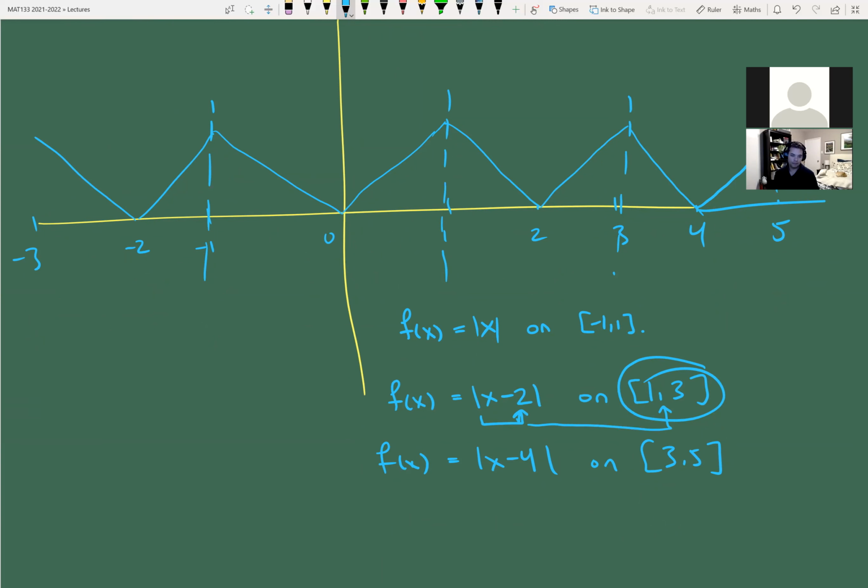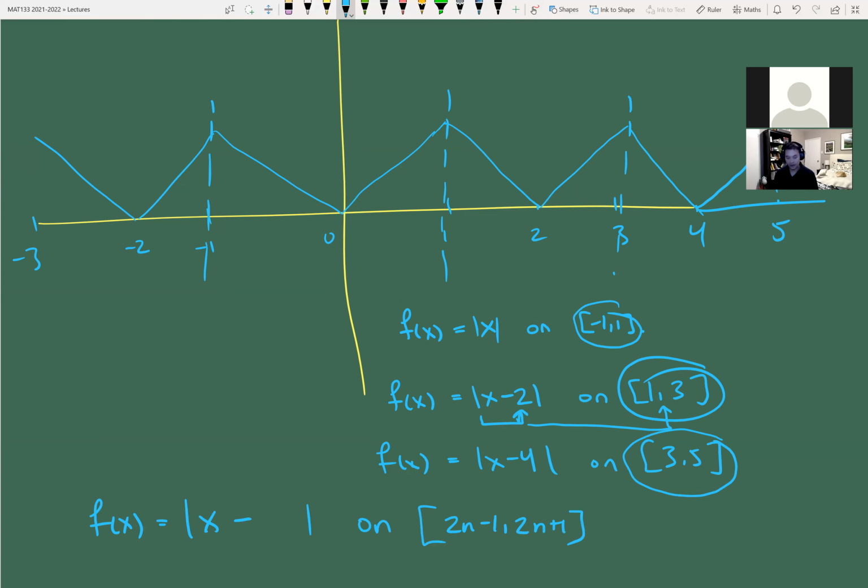So in general, f of x is equal to the absolute value of x minus something. I don't know what the something is. Now I need to figure out a way of doing this. It looks like these are always odd numbers. And the way that we write odd numbers is 2n minus 1, or 2n plus 1 is the best way to do that.